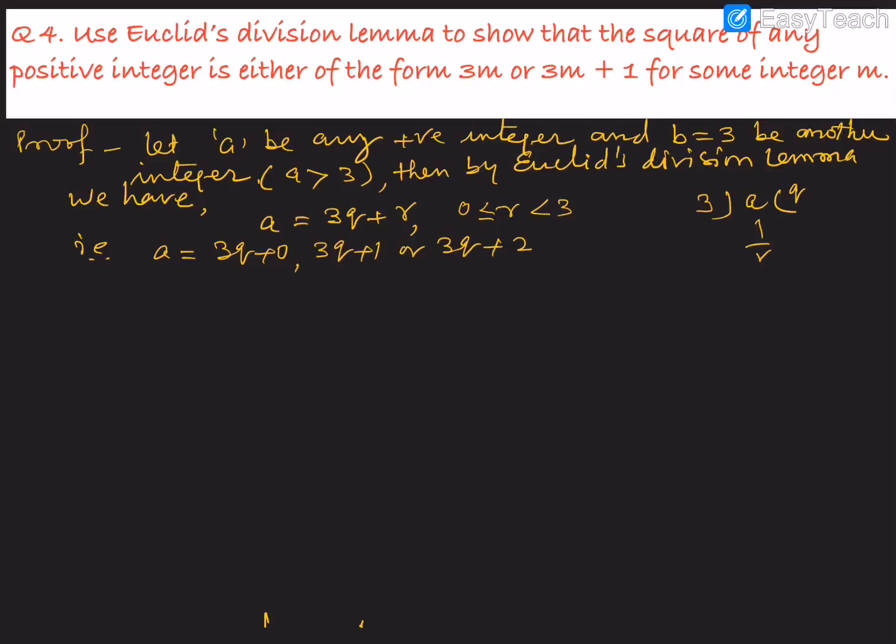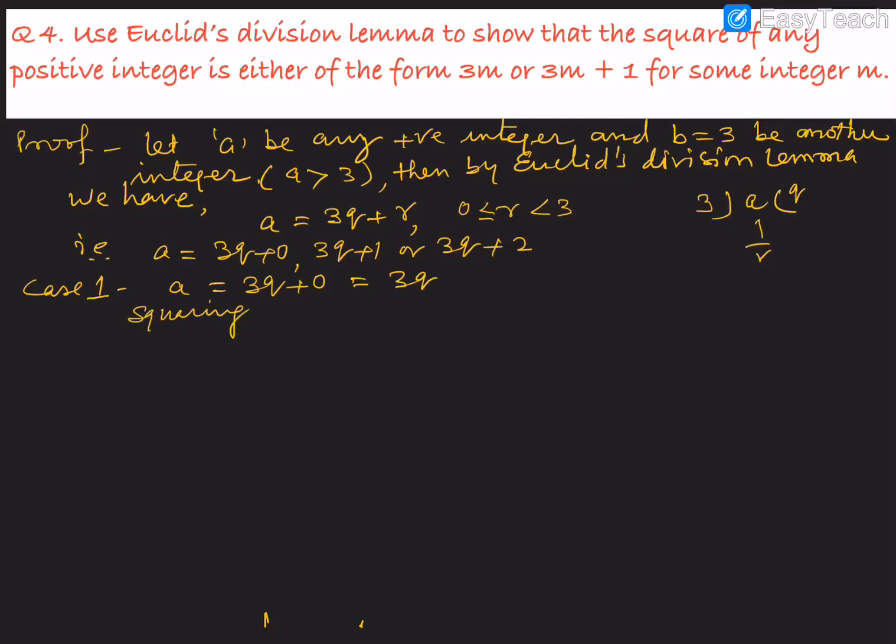So, here 3 cases arise. Case first, suppose a is of the form 3q plus 0 or 3q.